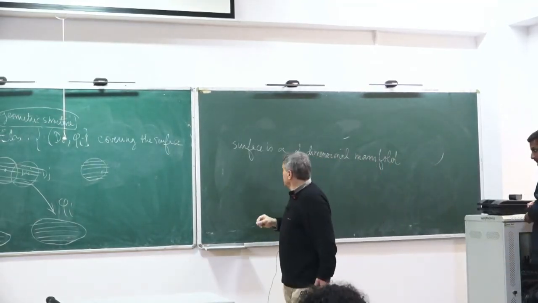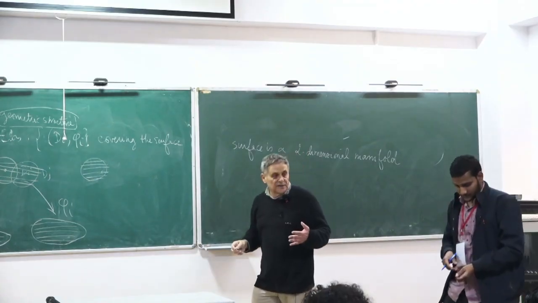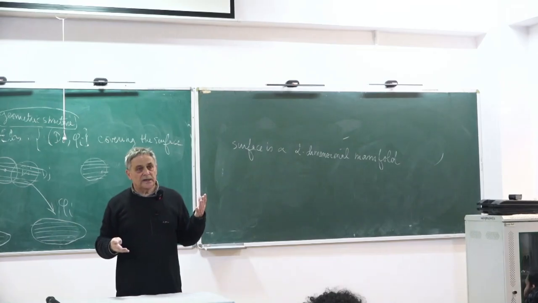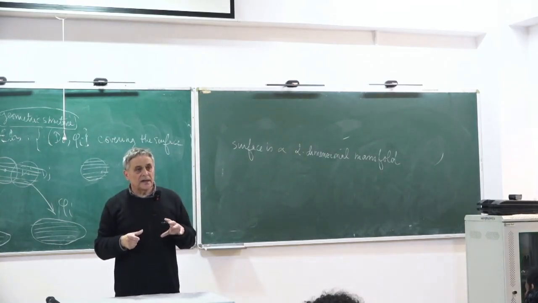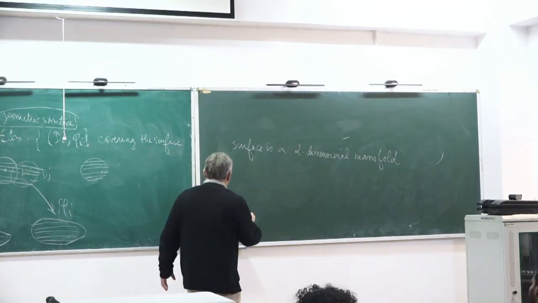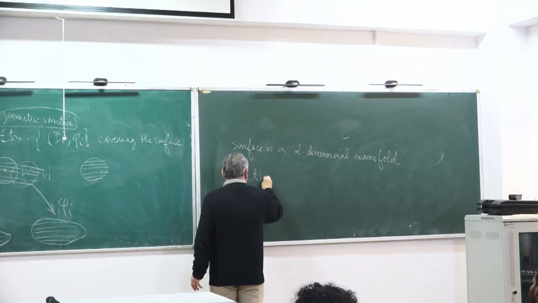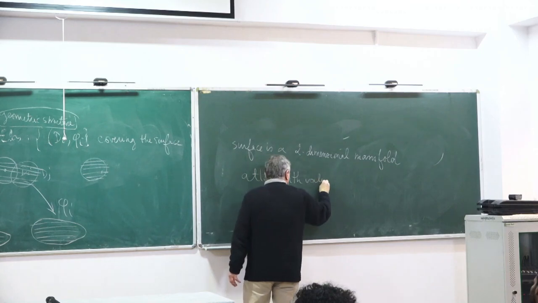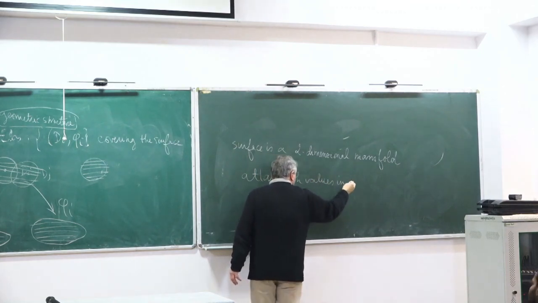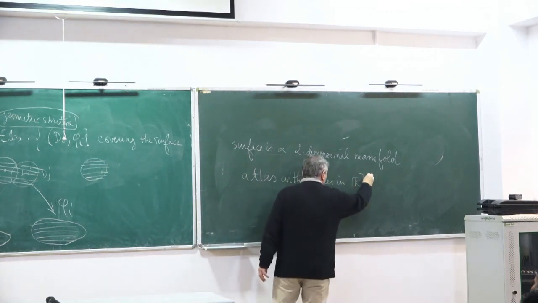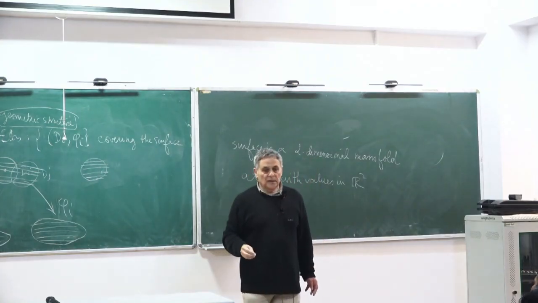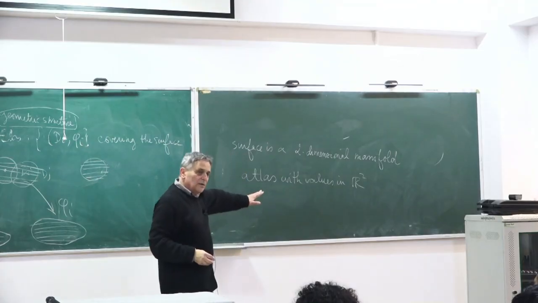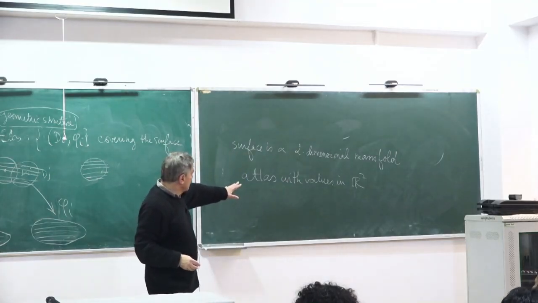By definition, a surface means that I have an atlas with values in, let's say, R2. In principle, this is exactly what tells me what a two-dimensional manifold is.